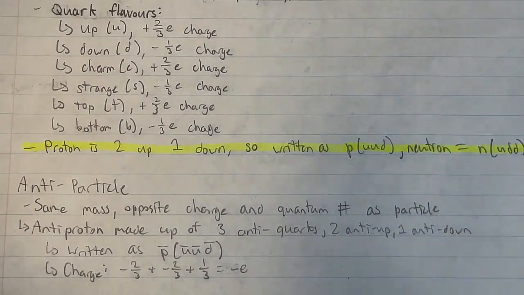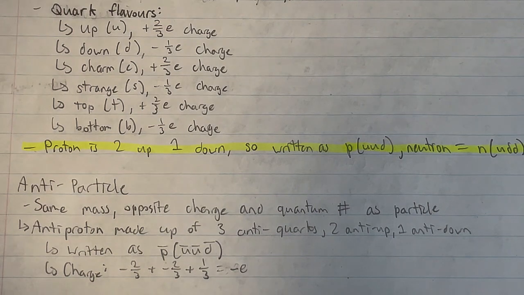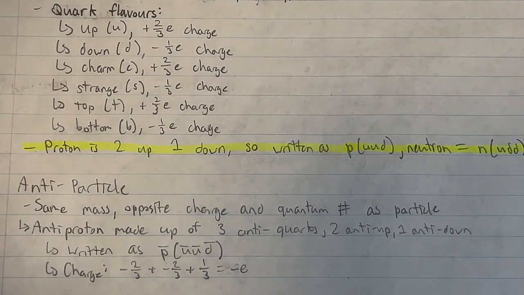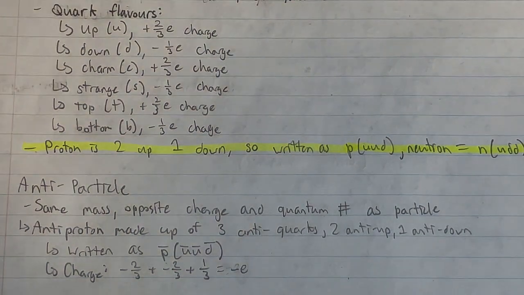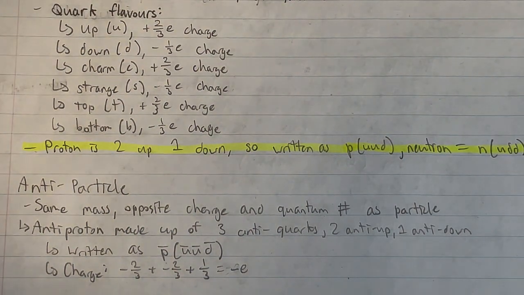But we also must consider antiparticles when we talk about quarks. So antiparticles will have the same mass, but will have opposite charges and opposite quantum numbers as the initial particles. For example, if we have an antiproton, it will be made up of 3 antiquarks, which are just the opposite of the original quarks.